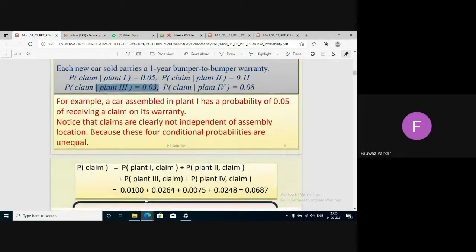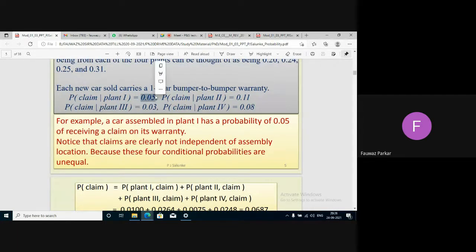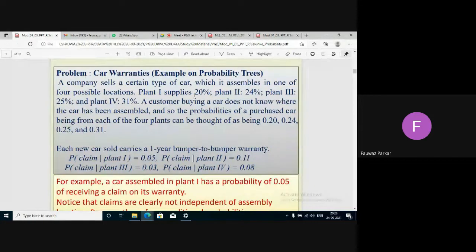So if you want to find the claim, look at how it comes. We have 0.05 here for claim. What is the number of cars manufactured there? 20%. So you need to multiply this with 20%; we call this a weighted average. So 0.05 into 20% will give us some number.